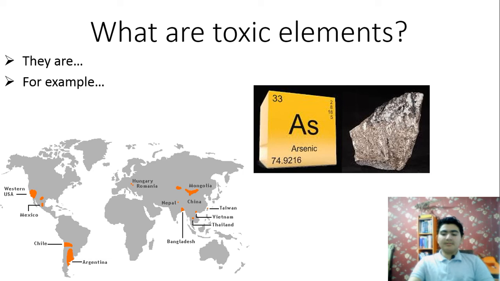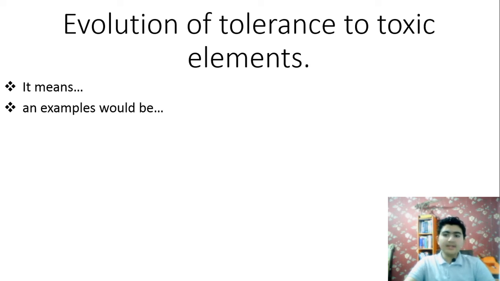Now let's talk about evolution of tolerance to toxic elements. Some species have become adapted to environments containing elements that are usually toxic. For example, the serpentine plant communities contain elevated concentrations of elements such as nickel and cobalt.